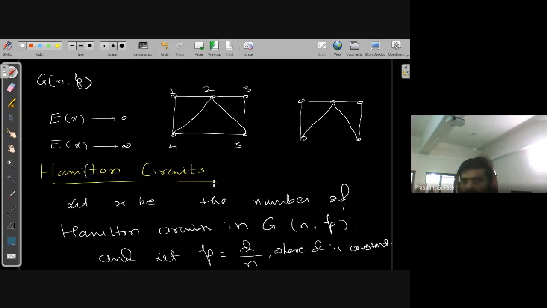So if we have three vertices, how many Hamiltonian cycles are possible? Three?